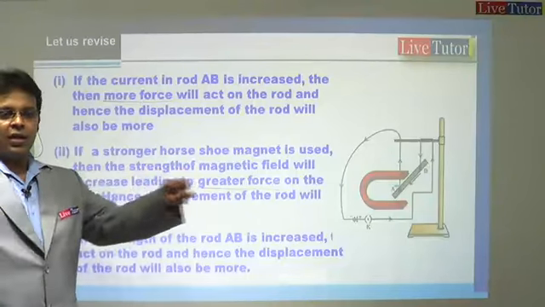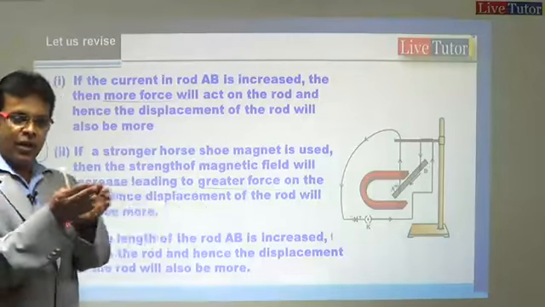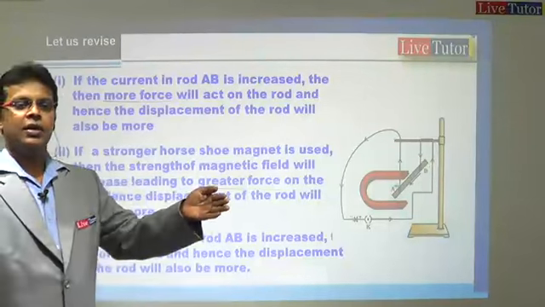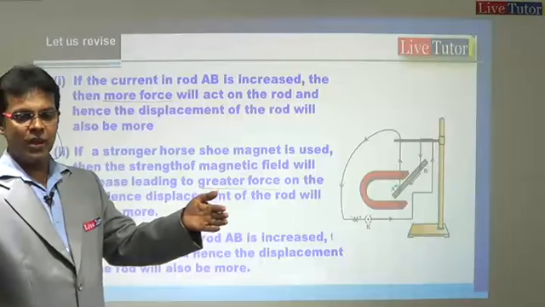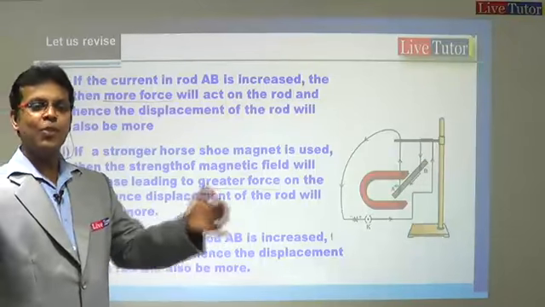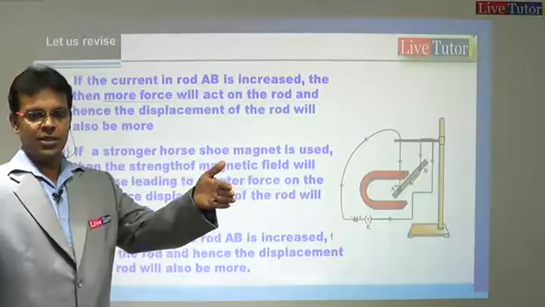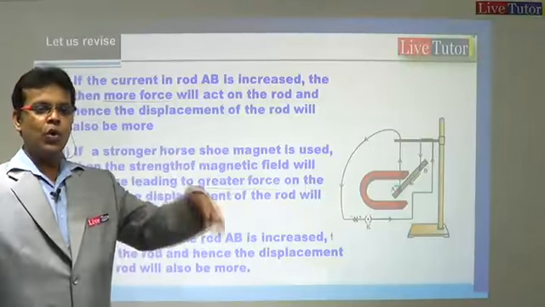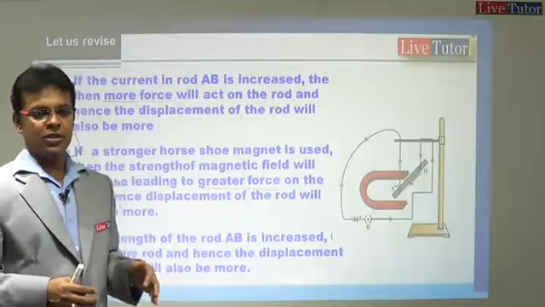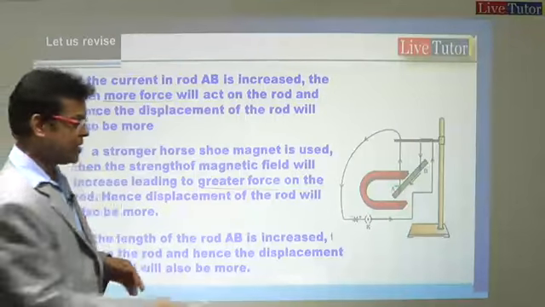If the length is more, it means for a longer distance the charges are flowing. That means it is carrying more current, isn't it? So more charges are accumulated within the distance. Due to that it will produce more force, so it will get displaced because of the interaction.